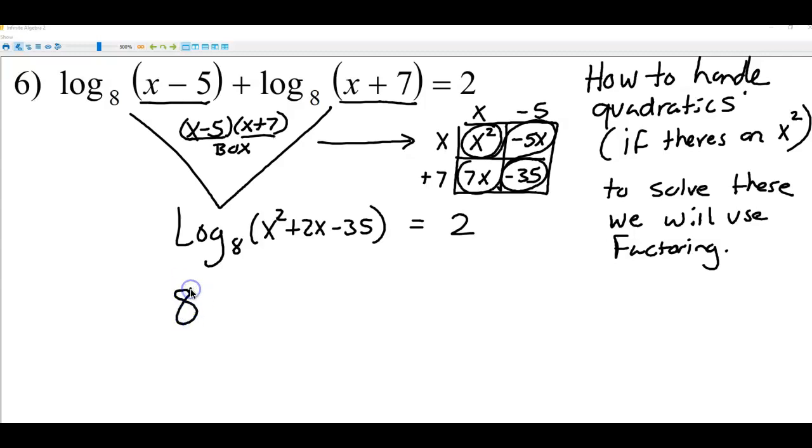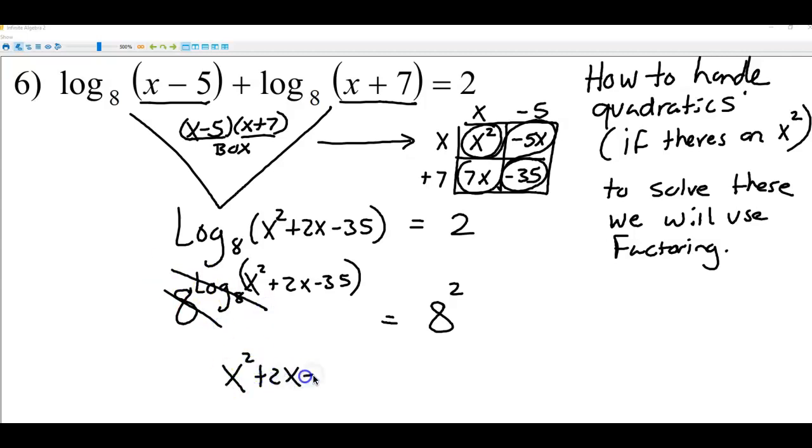So 8 log 8, these cancel out, and I'm left with x squared plus 2x minus 35 equals 64.